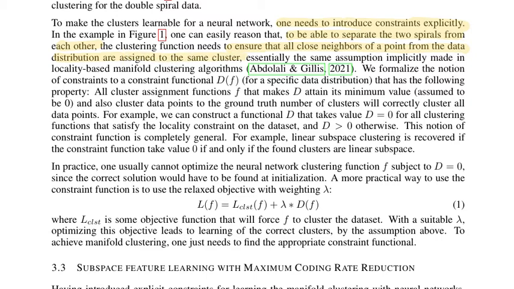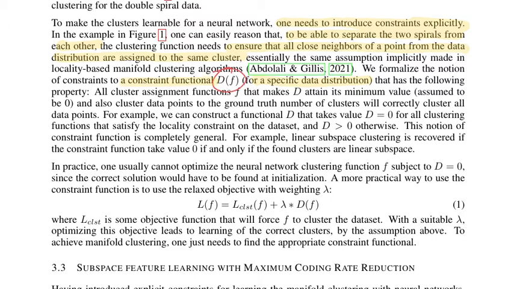So it's the same as the idea of local neighborhood, which is usually taken care of by augmentation, meaning that small perturbations in the data space should not lead to major perturbations in the semantic space. So for a specific data distribution, they come up with this D_f here, which is basically a constraint functional.